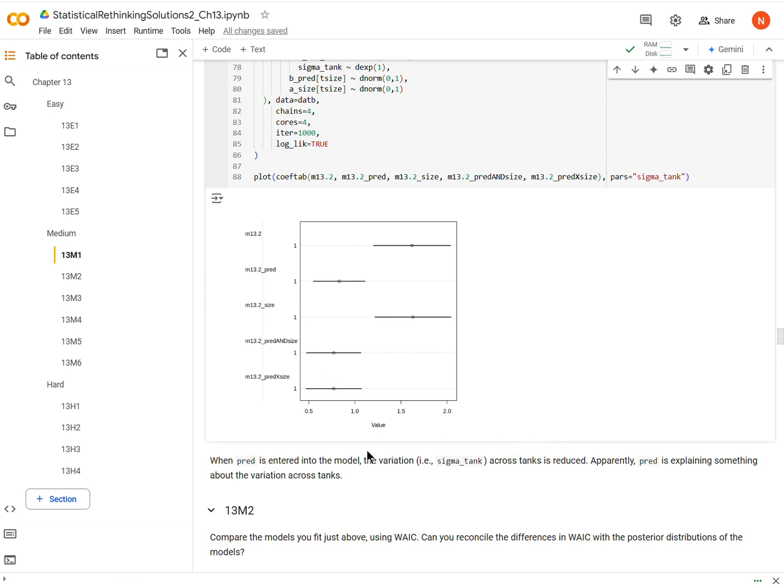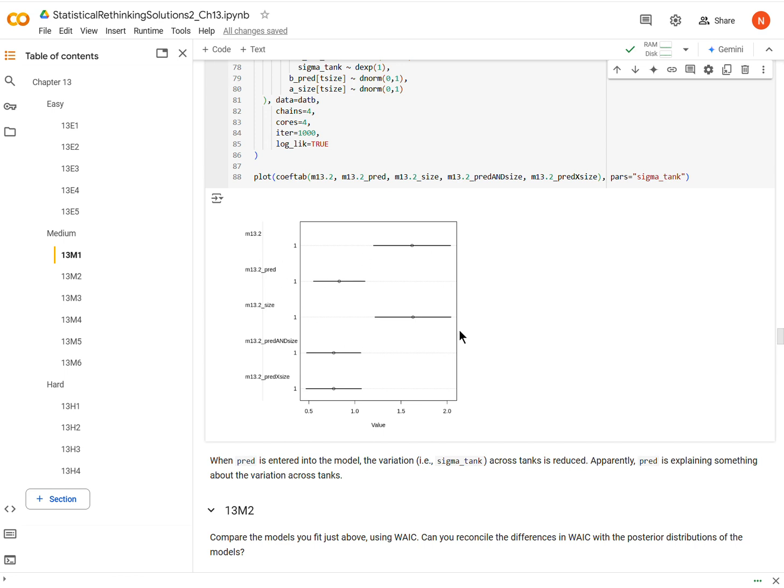So what we tentatively concluded at that time was that predation is apparently explaining something about survival across these tanks, because when you add it into the model, sigma, roughly speaking our uncertainty, is getting less. Which must mean that predation is doing some explanatory work in helping to predict or explain survival.